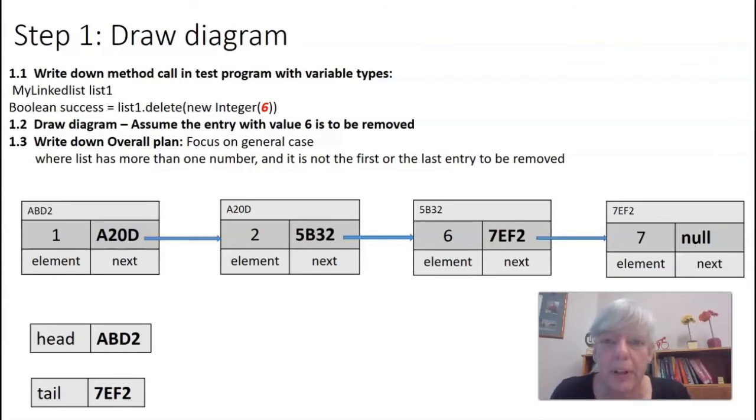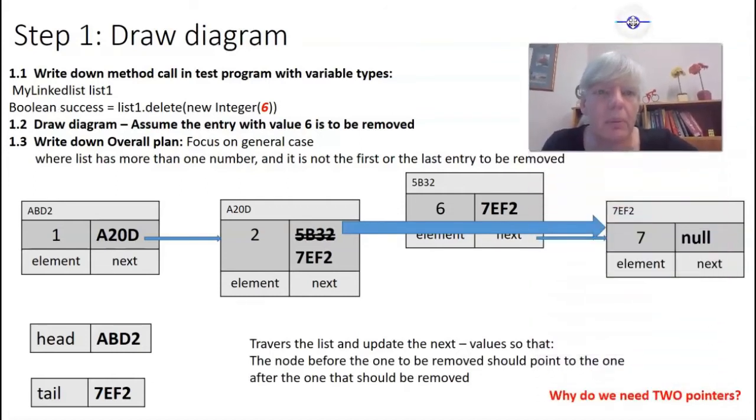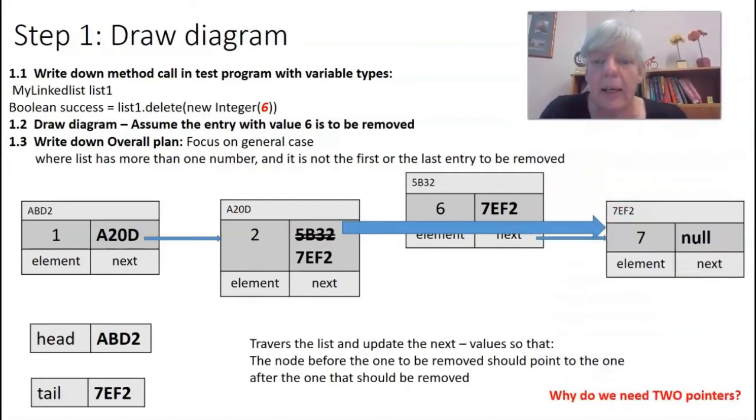But you must be very clear of what it is you have to do. And there I kind of gave you an answer. We have to traverse the list and update the next value so that the node before the one to be removed should point to the one after the one that should be removed.